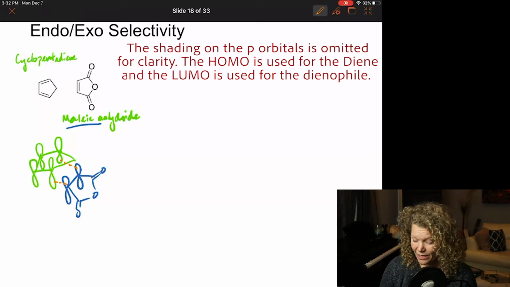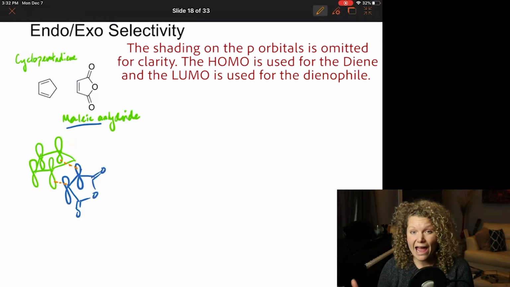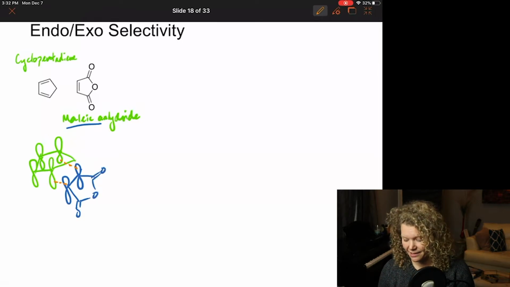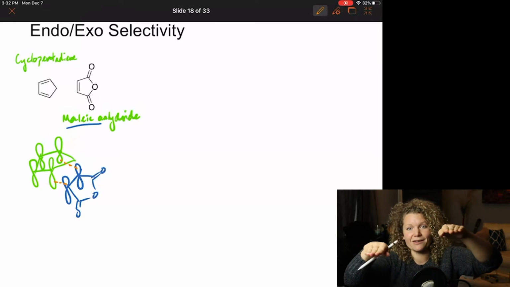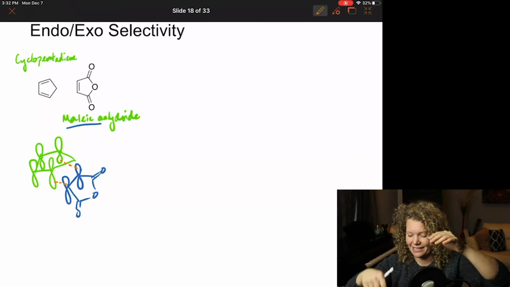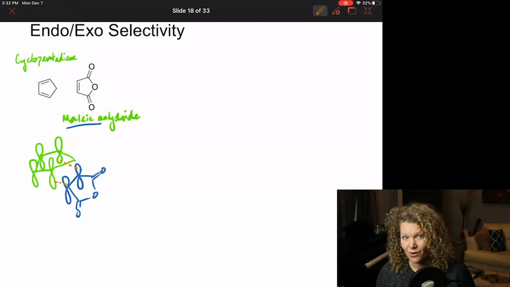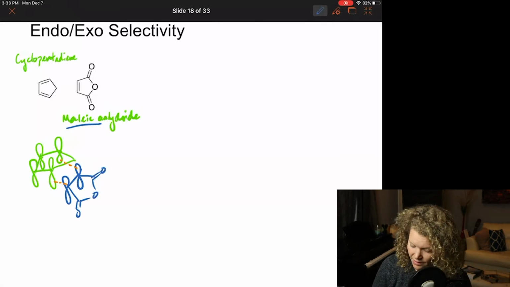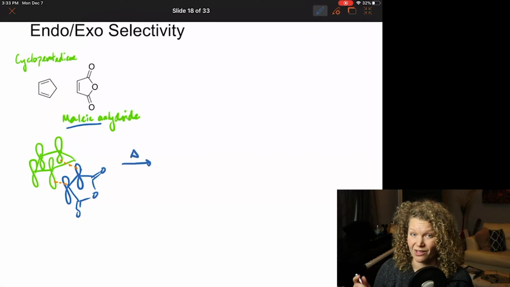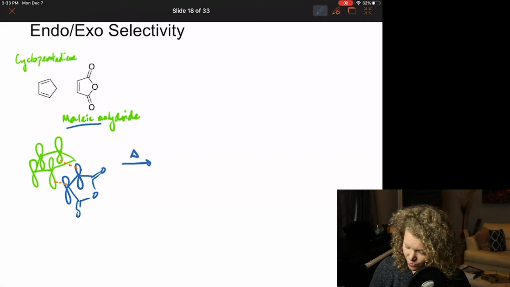In this case, we have our electron withdrawing groups away from our diene, right? It is outside of that. It's approaching kind of like this, right? It is outside or exo compared to our diene. This will give us what we call our exo product. Let me draw this out.